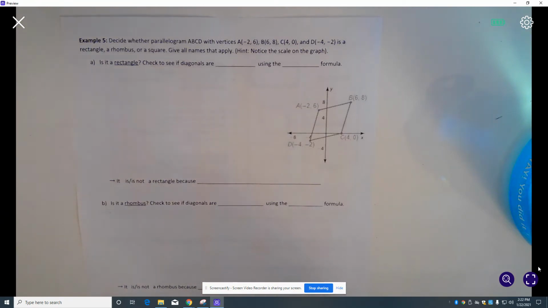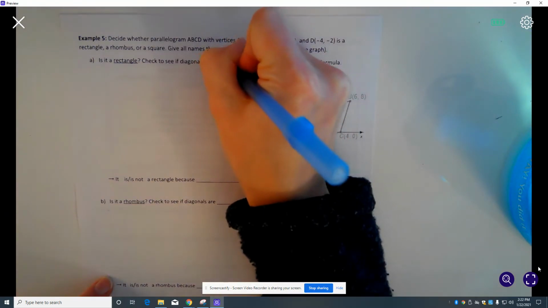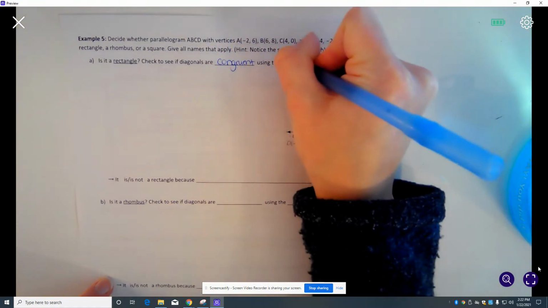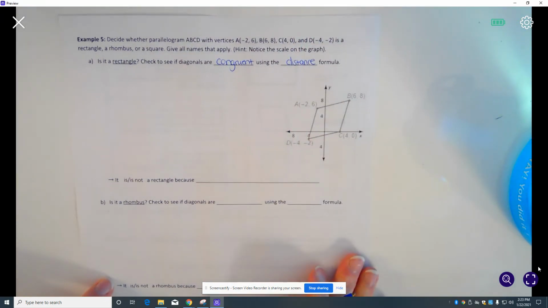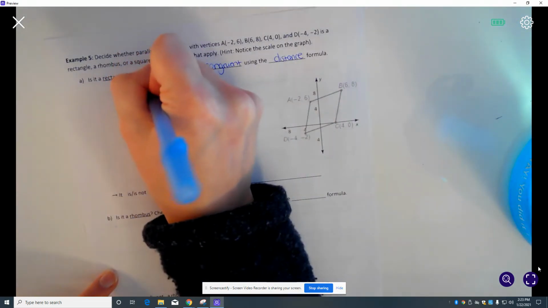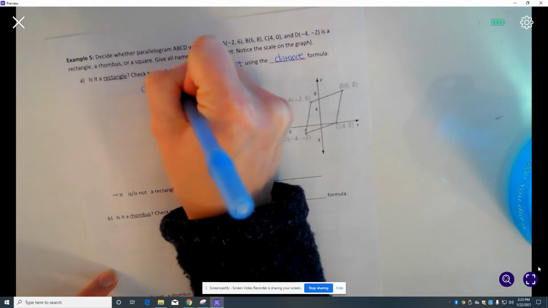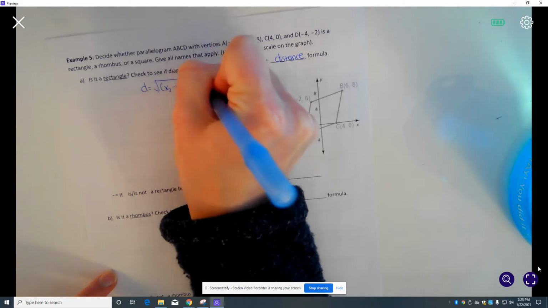Remember, we're going to determine if the diagonals are congruent using the distance formula. Here's our distance formula that we will be using, and we'll be plugging our points into this formula.